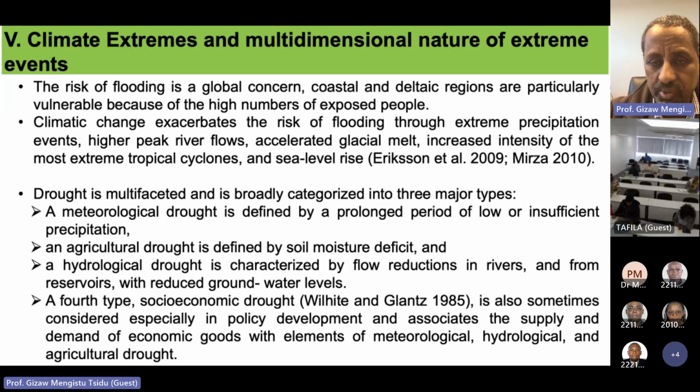Usually for drought, we use the standardized precipitation index. It's built only from precipitation. We also have the standardized precipitation evapotranspiration index, which takes into account the water balance and also the impact of temperature on drought. So we have different classes of drought based on those indexes.